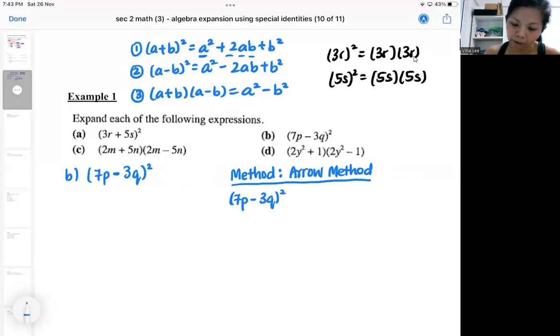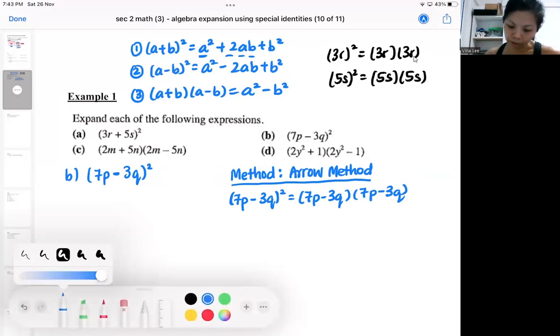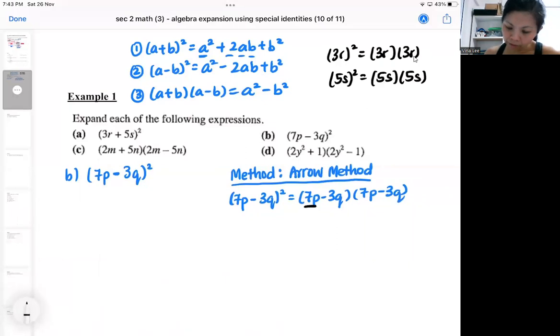When the whole bracket has a power 2, that means the whole bracket is repeated. So you duplicate the bracket and then you go for the arrow method. The first guy, multiply to the bracket.